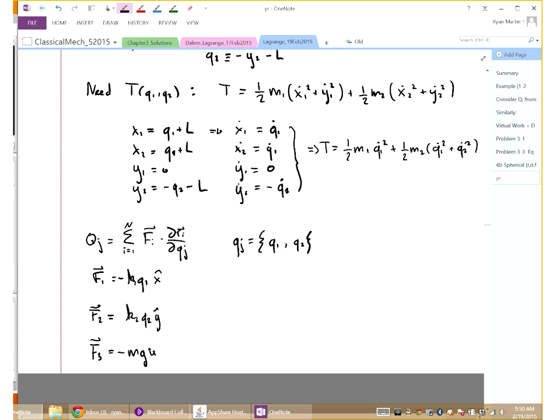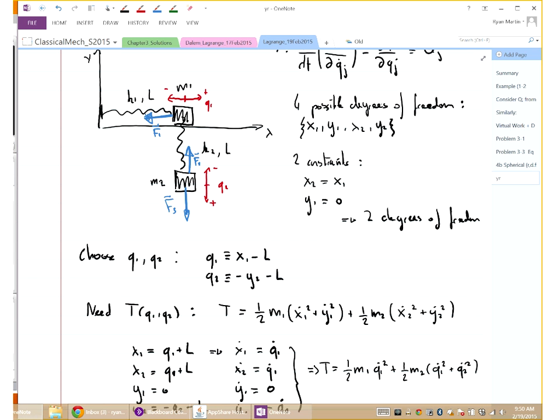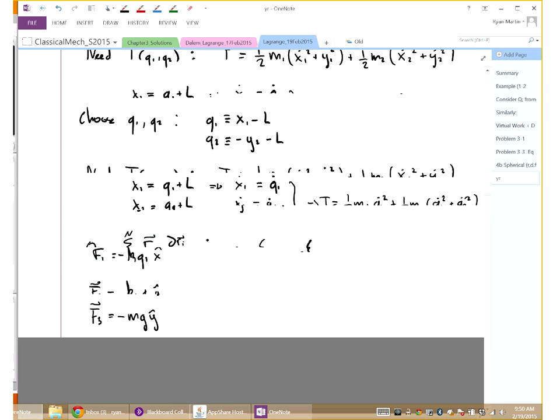And then F3, no surprise, it's minus mg y hat. Okay, so now we need to write out the vectors R1 and R2 and R3 for where those forces are applied.